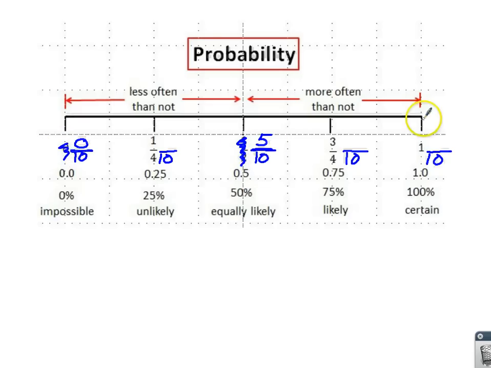And let's go all the way down to the other edge, and we see that we have 1 whole. Well, if I'm going to take a denominator of 10, what would go in the numerator to make it 1 whole? I'm going to eat a whole pizza, so if there are 10 slices, I'm going to eat all 10 of them. So 10 out of 10 now represents the 1.